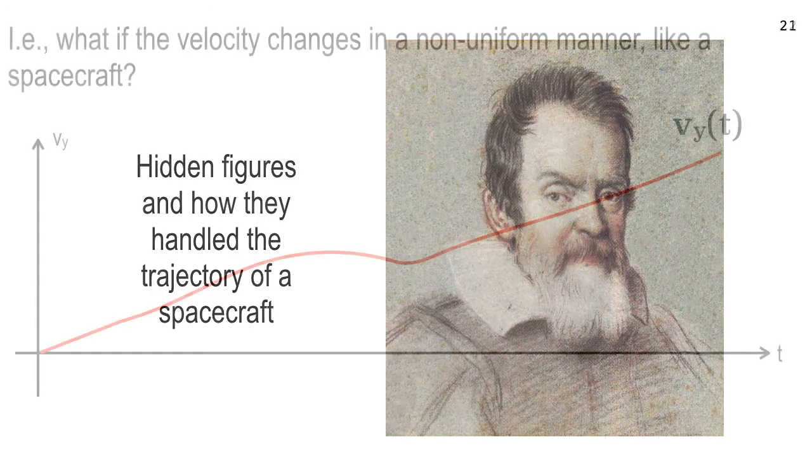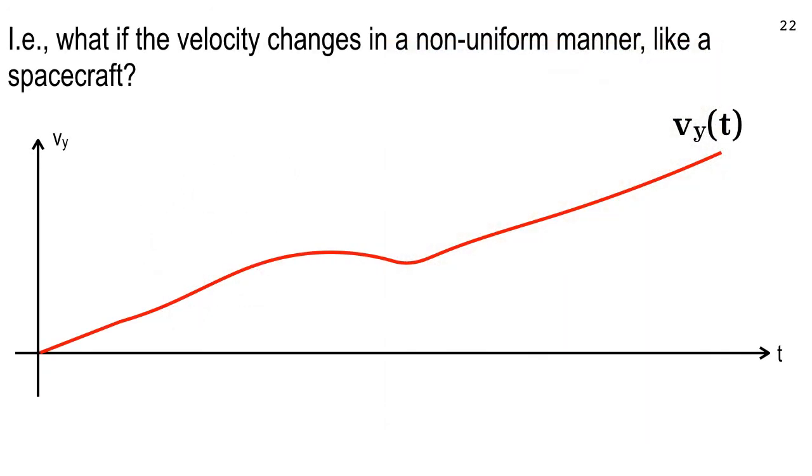So here's an example. Go ahead and make a sketch of this. Here's a velocity graph, v subscript y, the vertical component of the velocity, vy. All right, and it's changing, but it's not like a hypotenuse of a right triangle.